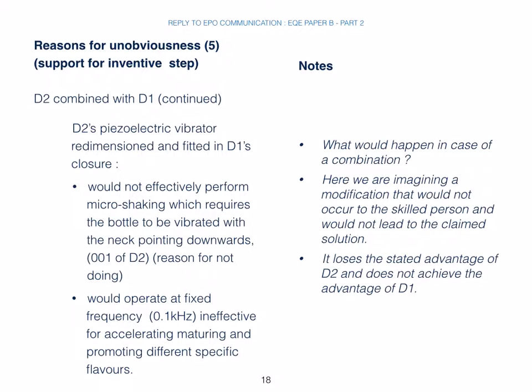And moreover, it would operate at a fixed frequency of 0.1 kilohertz, ineffective for accelerating maturing and promoting different specific flavors. So here we are imagining a modification that would not occur to the skilled person and would not lead to the claimed solution. It loses the stated advantage of D2 and does not achieve the advantage of D1.